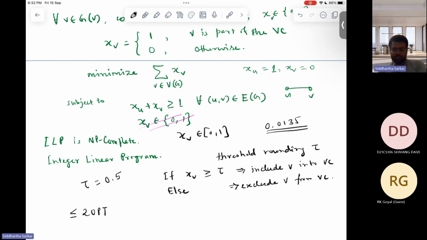And this is very surprising because it's a very simple algorithm. You just formulate the corresponding LP and you just look at the variable values, and it turns out that you just have to check whether a variable is 0.5 or more or not. If it is more than or equal to 0.5, you take it into the vertex cover, and this is going to give you a feasible vertex cover.